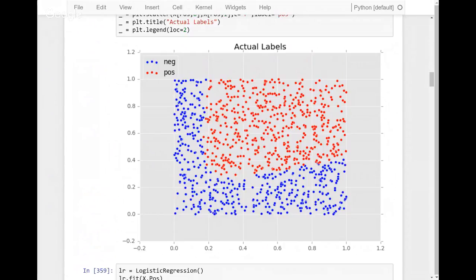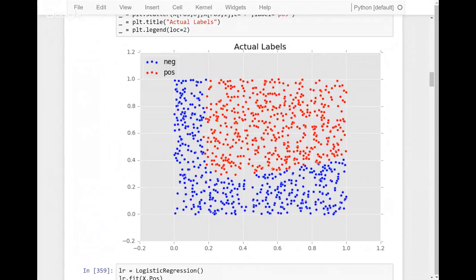Really, the challenge is coming up with an exotic enough class of possible separators so that we can encompass the polynomial that actually separates it. So really the problem right now is sort of an issue of overfitting.